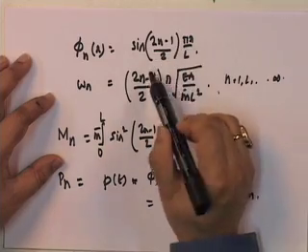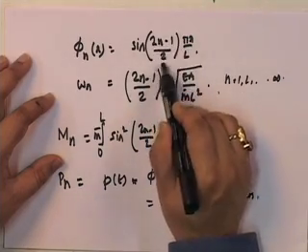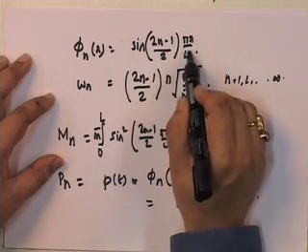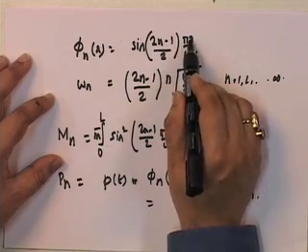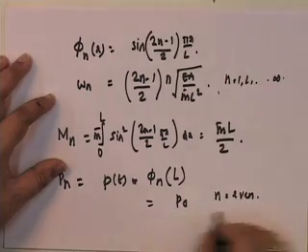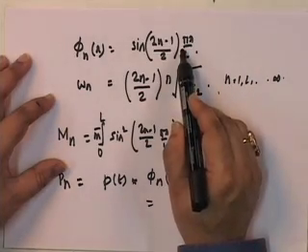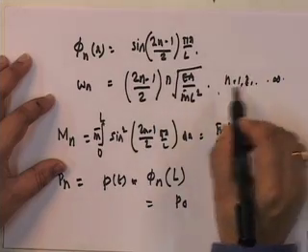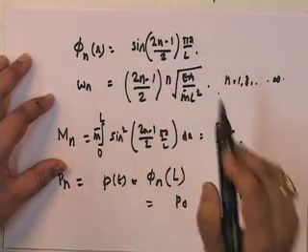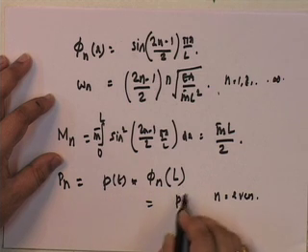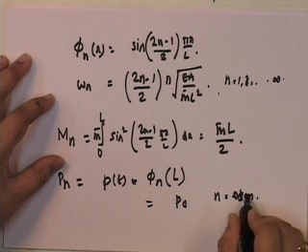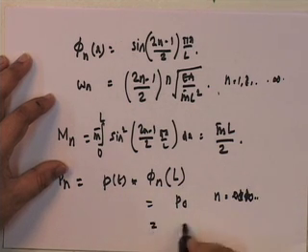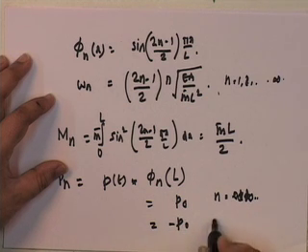So, this is odd, and this is equal to minus P naught when n is even.